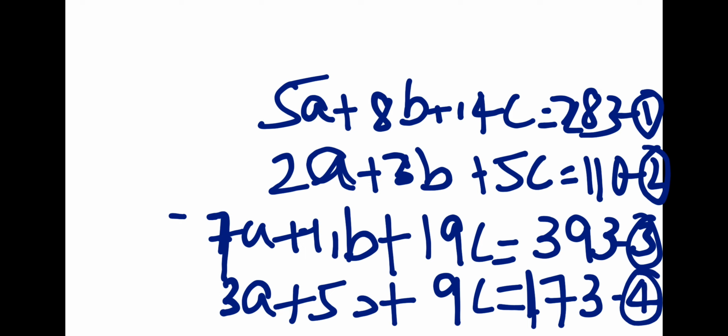What you have to do is get the equation in such a way that a plus b plus c is the final output. From equation 3, if you subtract 2 into the 4th equation, you will get a plus b plus c.